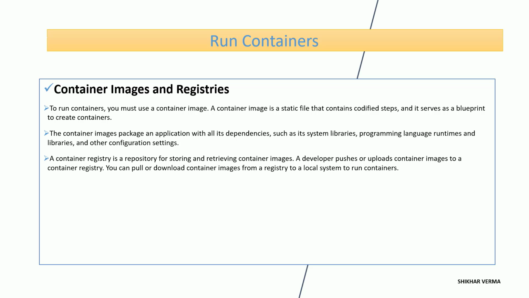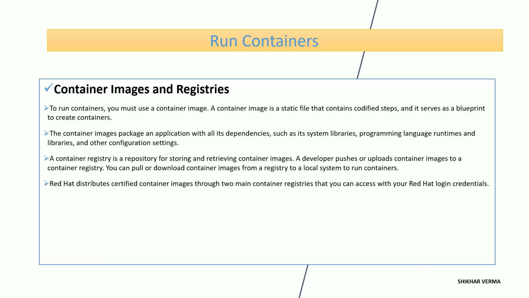You might use a public registry that contains third-party images, or you might use a private registry that your organization controls. The source of your container images matters. You must know whether you can trust the code in the container image. So that's very important.